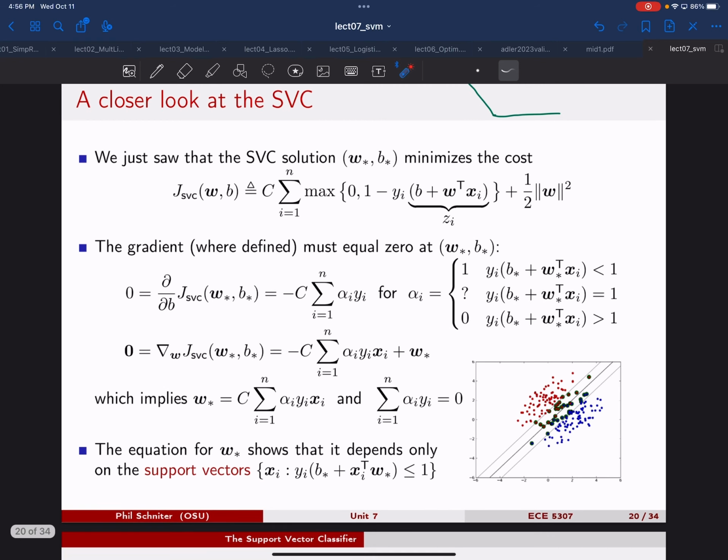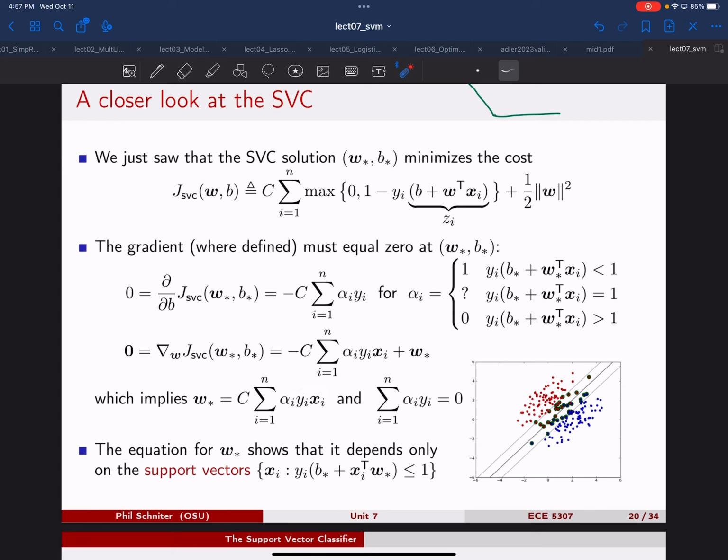Okay, so regardless, what we see from these expressions is that you can see exactly how the optimal weights are constructed from the training samples. And in particular, you can see that for certain training samples, the ones for which you get the 0 alpha, those training samples do not affect w at all.